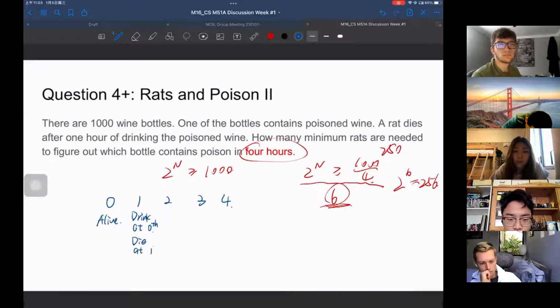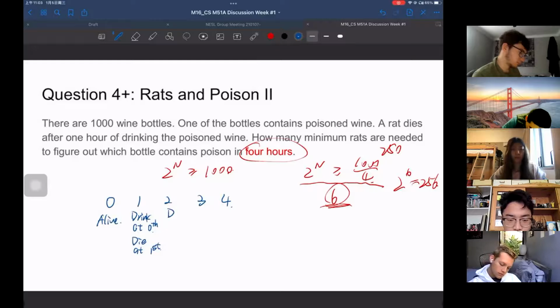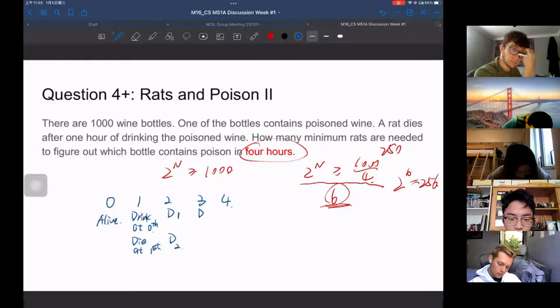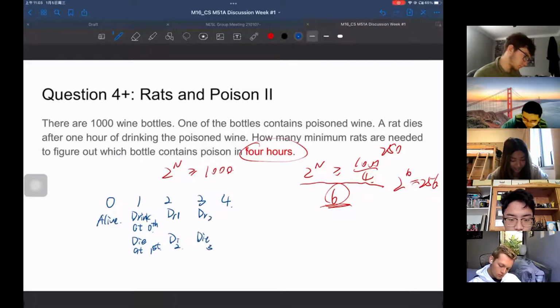Similarly, the next means drink at the first hour and die at the 2nd hour, and so on, up to drinking at the 2nd hour and dying at the 4th hour. And 4 is so unfortunate: it survives the first three experiments, and in the last one, unfortunately, it died. It makes sense, right? Each rat can do 5 experiments.